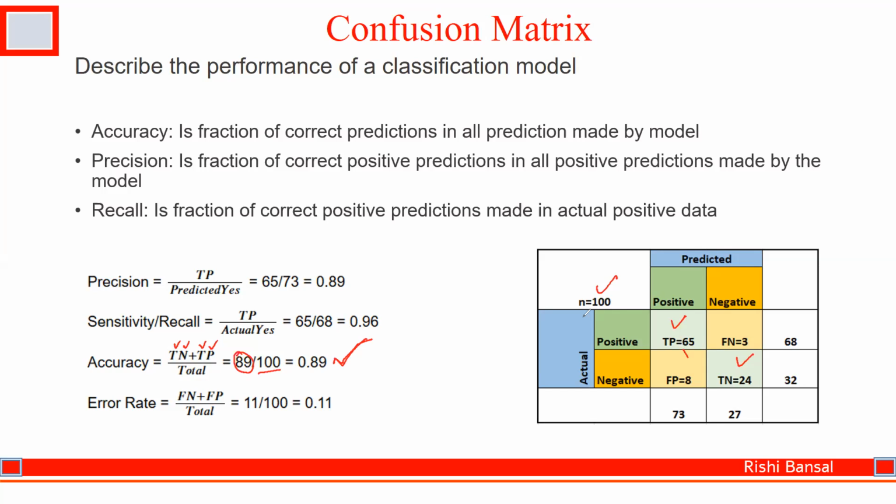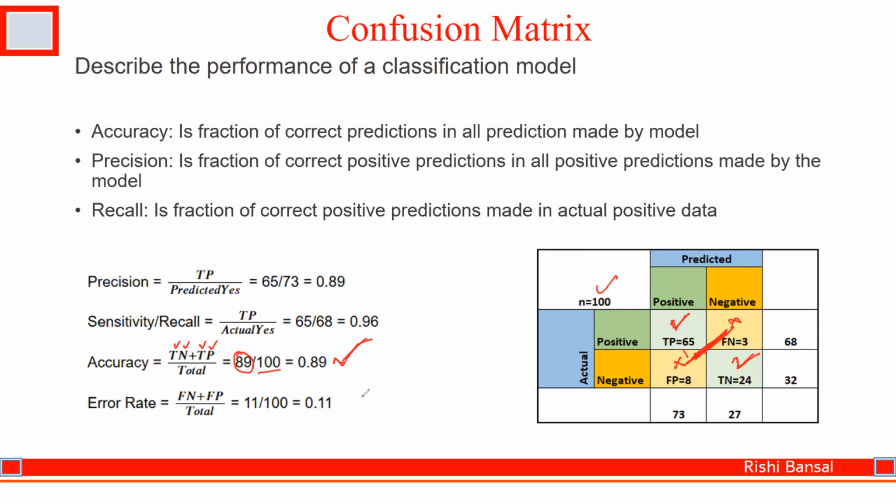Now, can anyone tell me, if these two are your correct result, what are your incorrect results? False negative and false positive. Correct. If you add these, it means your prediction has gone totally wrong.